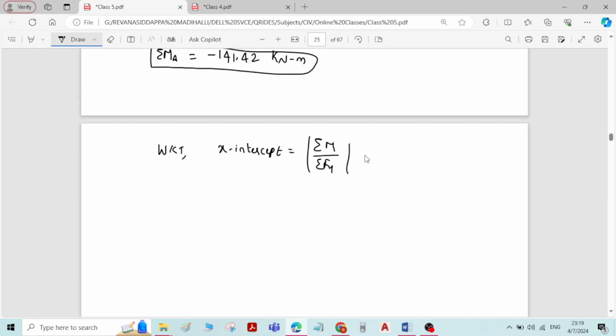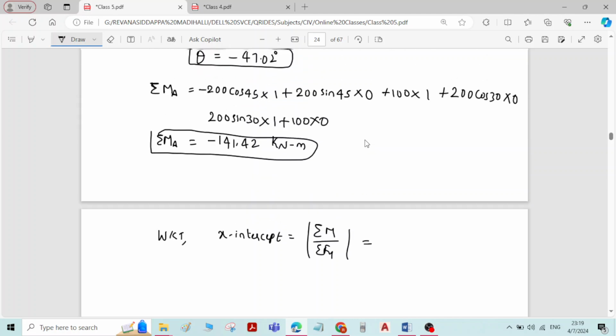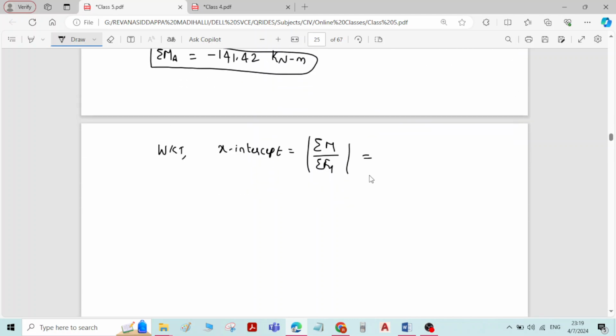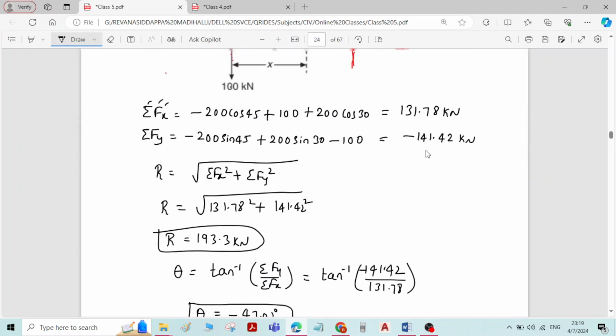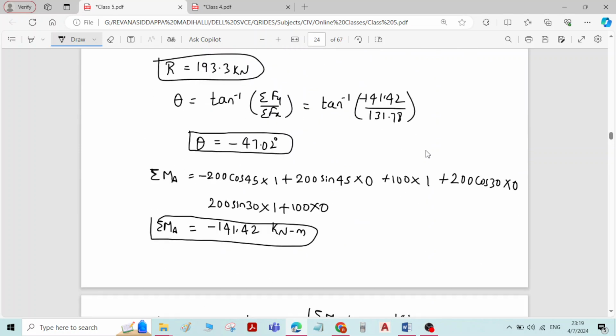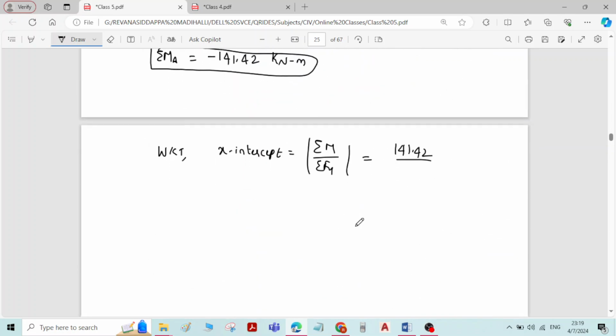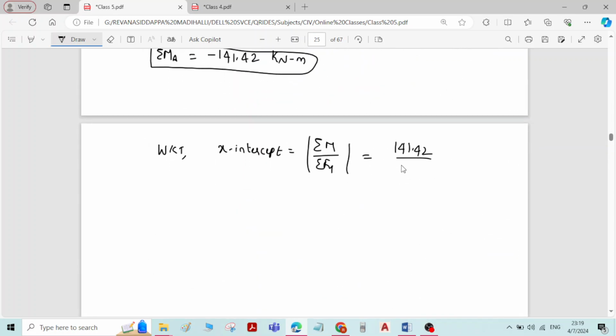So in this case, sigma MA, we have taken moment about A, 141.42 divided by sigma Fy, which is 141.42. By this, we get the answer as 1 meter.